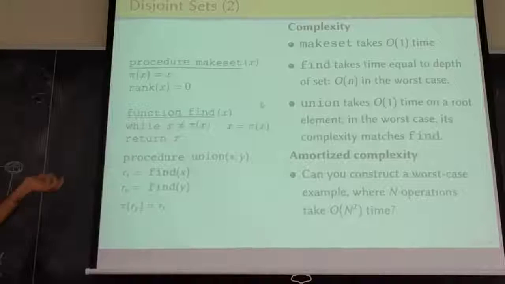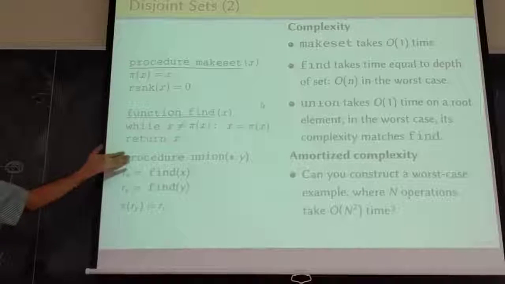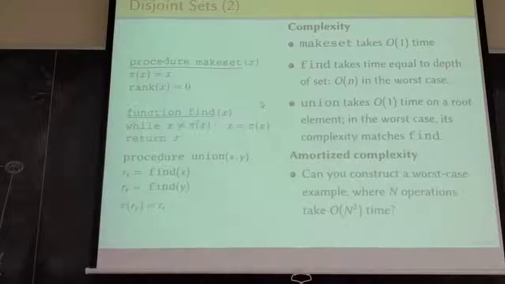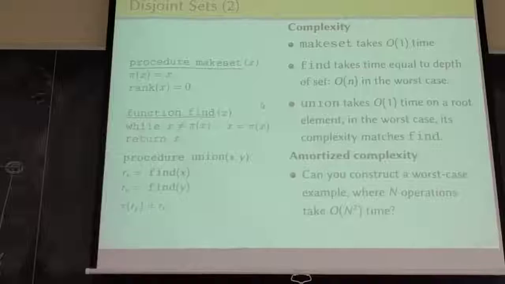Clearly, if you keep doing finds and never do a union, every element is in a set by itself, therefore all finds take only constant time, so that's not going to be the example. If you keep doing unions and never finds, once again, unions always take O(1) time, so there's no cost there. So obviously you have to find a combination of unions and finds in some order, and then you may be able to create a workload where O(n) operations take O(n squared) time. Can you think of how to do that?